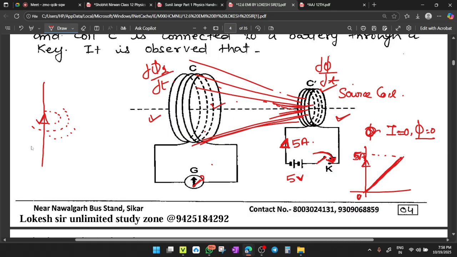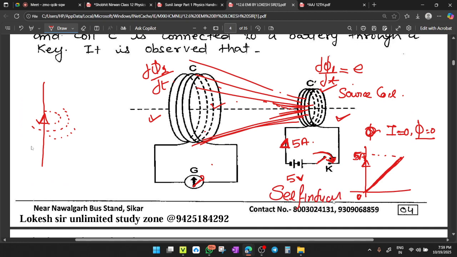So in the first coil, because of the changing of its own flux, an EMF is produced. This is called self-induced EMF, and this process is called self-induction. Clear or not? By changing its own flux d phi 1 by dt, the coil produces an EMF across its terminal.